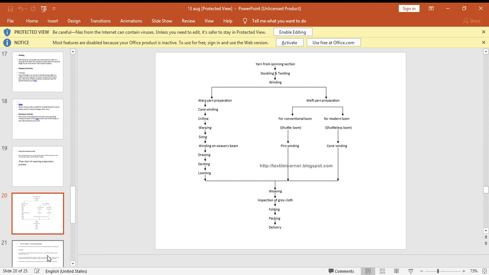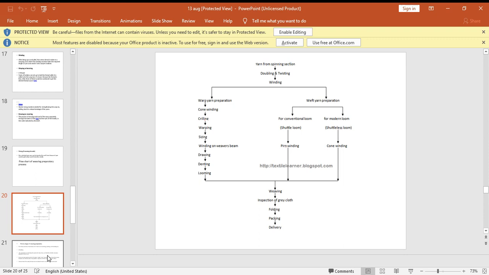This is the flow chart or sequence of the fabric manufacture or weaving preparatory. So first the yarn from the spinning section, then doubling and twisting, then winding. Again winding is divided into warp yarn preparation and weft yarn preparation.